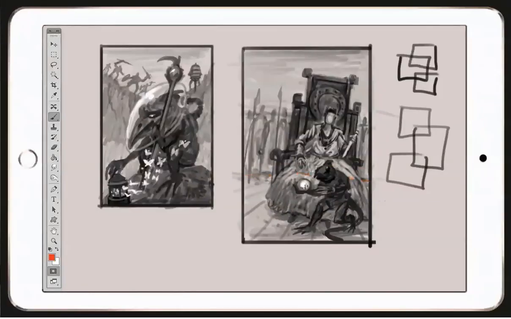And here is an example of how you can make an implied line more definite by just adding a little bit of tone like that, or some little detail, just to help that implied line along and make it a bit more definite.